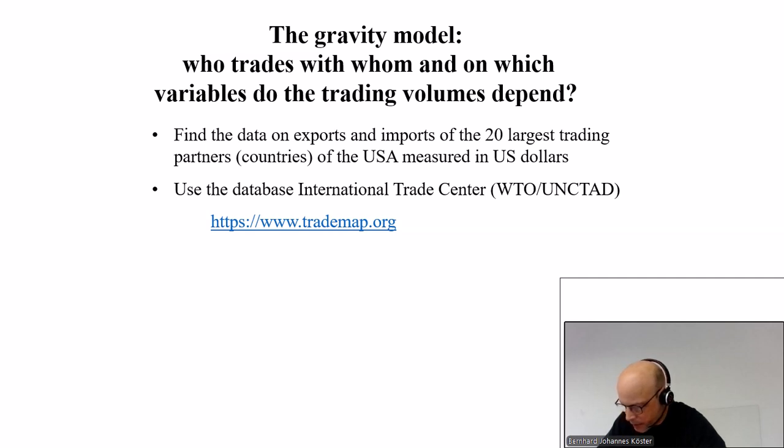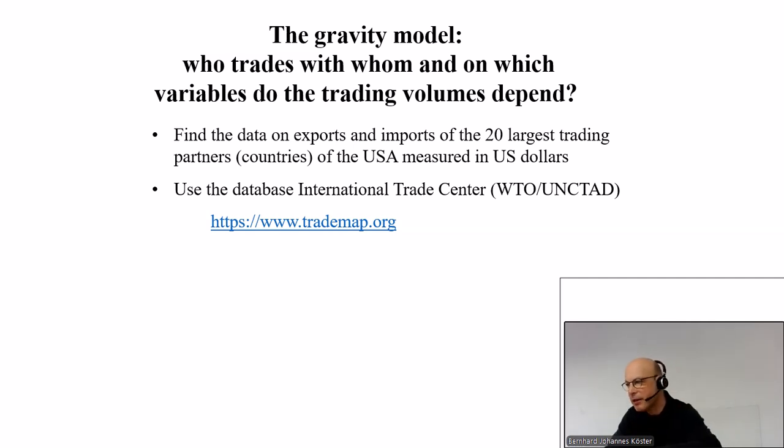Okay, but what we want to do today is to look at a model which more or less looks at the data which we see. So how large are the volumes we are trading? Which kind of trading partners do we have?